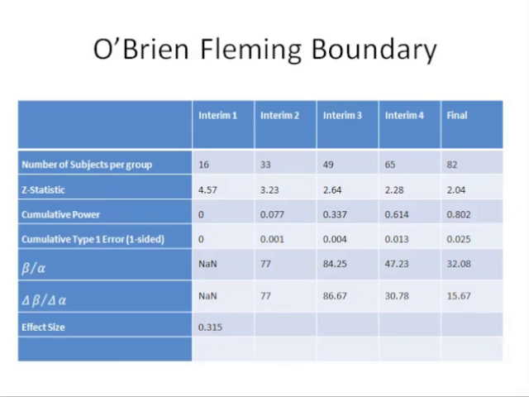What's more, we could say the level of evidence provided by a study that only stopped at the final analysis is less than the weight of evidence provided by a positive study with no interim analyses at all, since the ratio of delta beta over delta alpha is 15.7, which is half of 0.80 over 0.025 equals 32. So this is the downside of a stopping boundary that does not provide a constant level of evidence in support of a positive treatment effect at each analysis of the study.